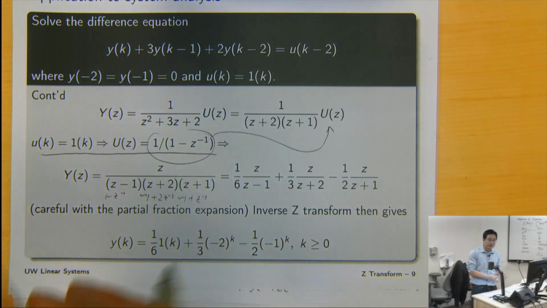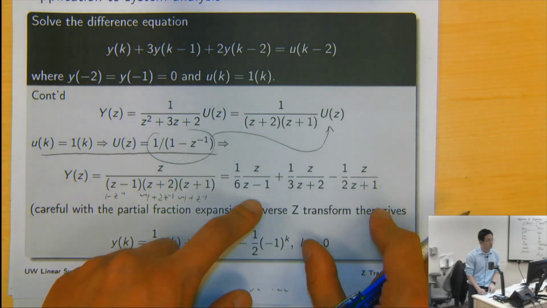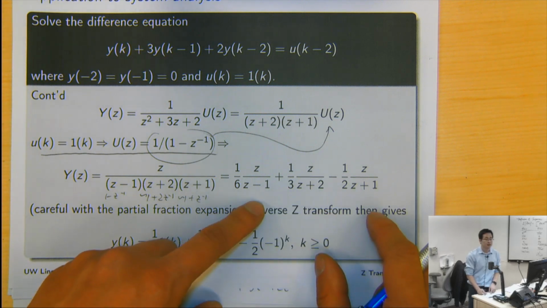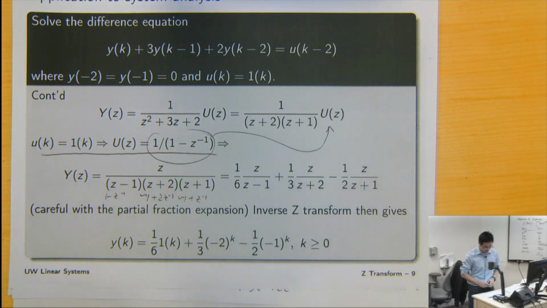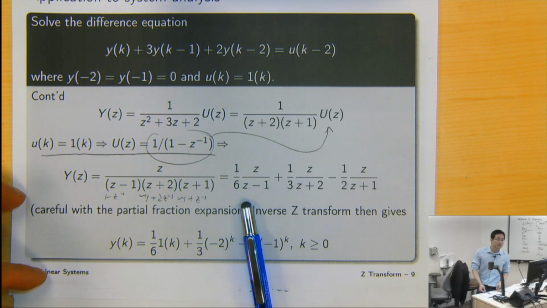So then we can decompose this large transfer function into smaller elements, each of them with very easy inverse z transform. So that's the big picture. This is another partial fraction expansion, right?